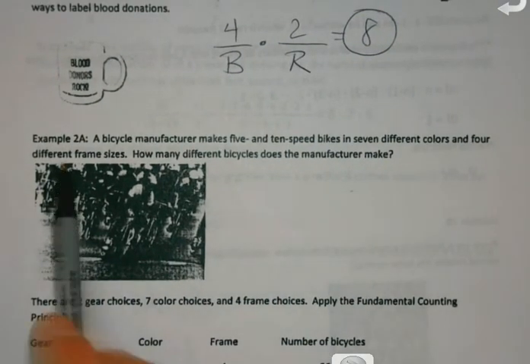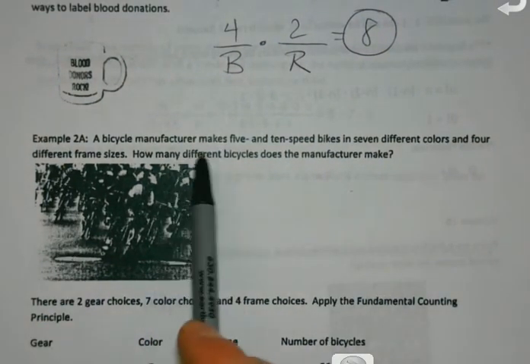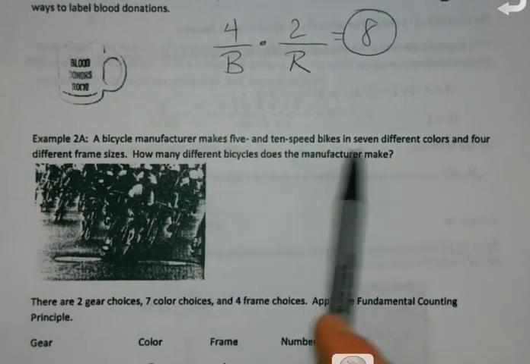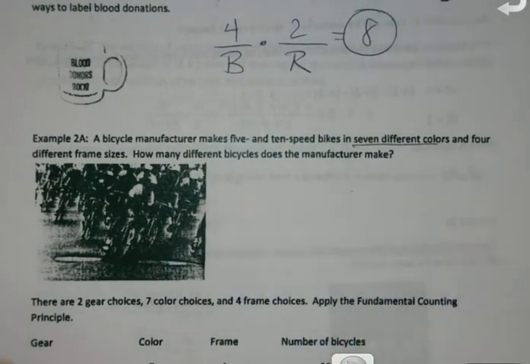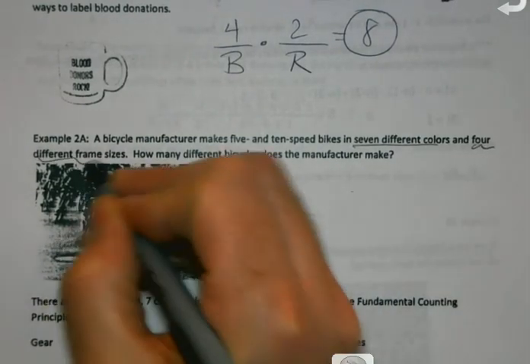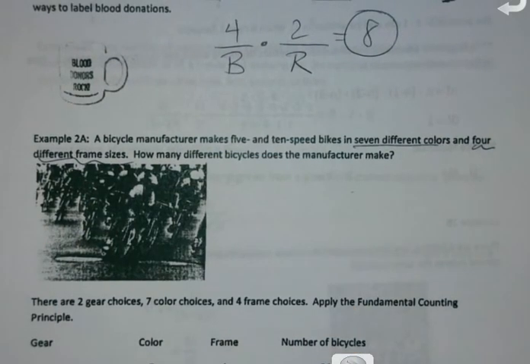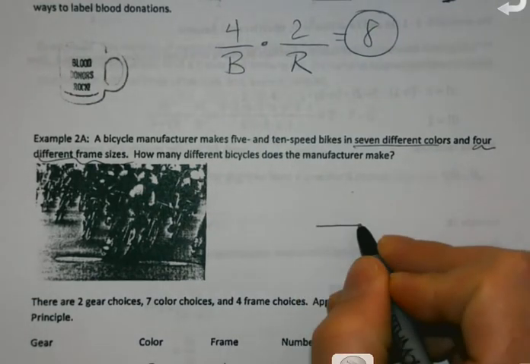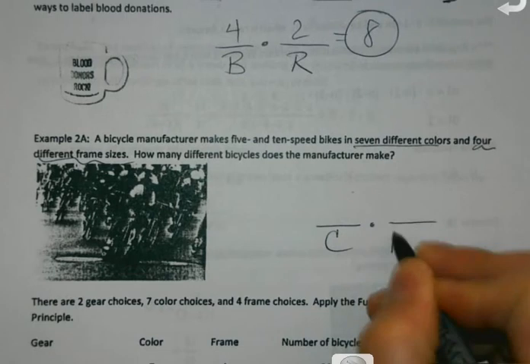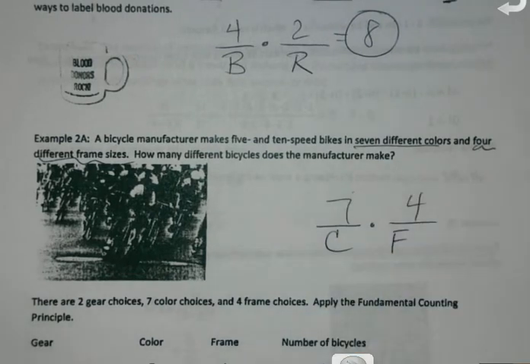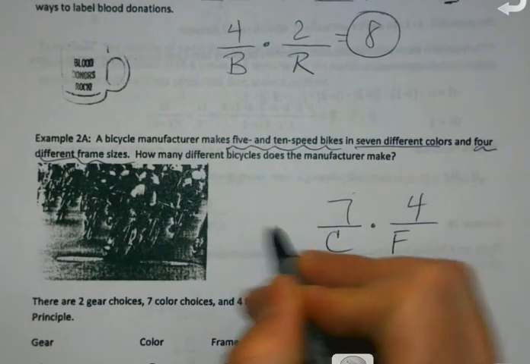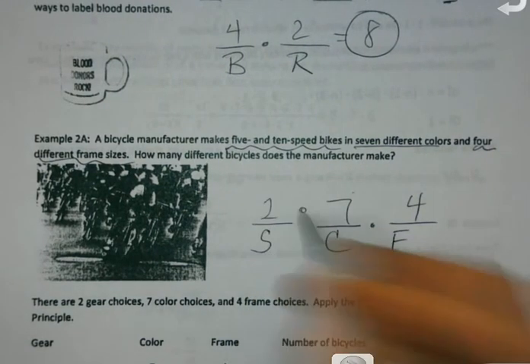Again, example 2. A bicycle manufacturer makes 5 and 10 speed bikes in 7 different colors, 4 different frame sizes. Now here's the part people forget about though. They'll multiply 7 times 4 and say 28. Yes, but no. Colors and frames would be 7 and 4, but watch the very first part. 5 and 10 speed, there are 2 different speed types.